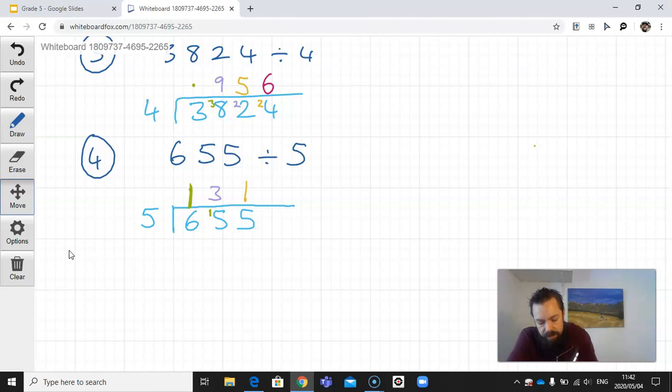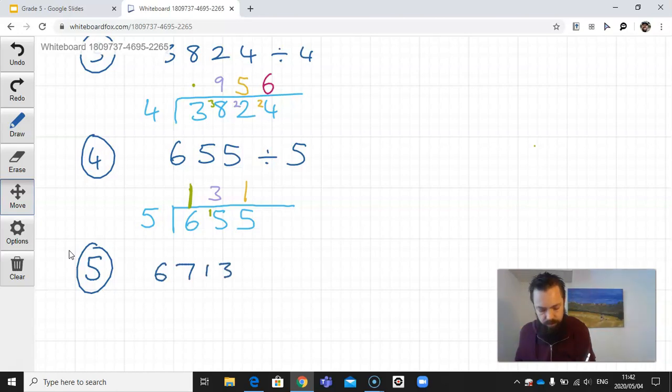Okay, now we've got a couple where we have a leftover, but we don't have any more neighbors. So let's do an example like that so that you can see what I mean, and then we will come back. So 6,713 divided by 6.